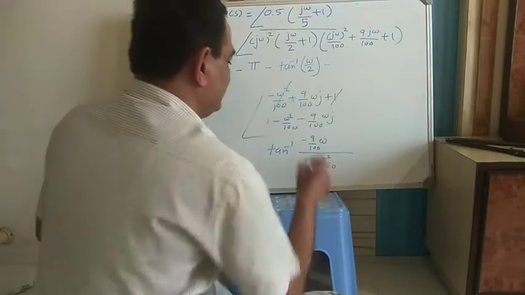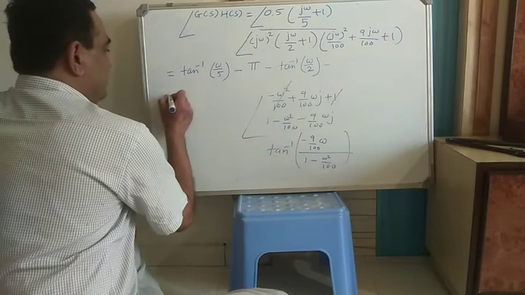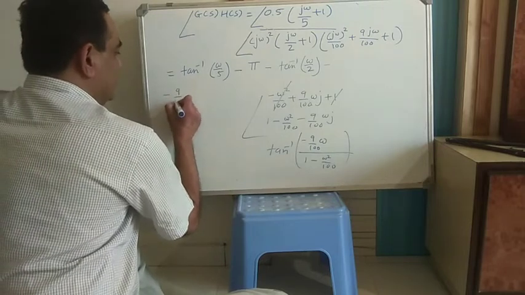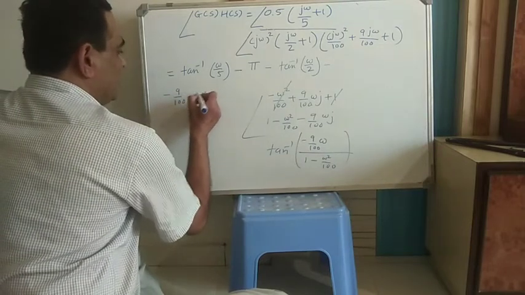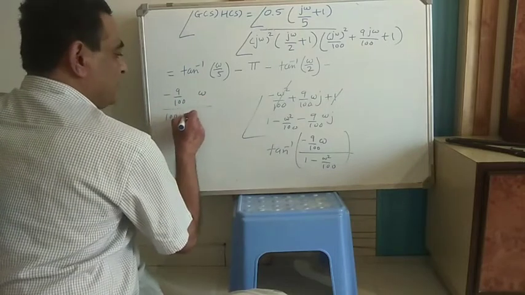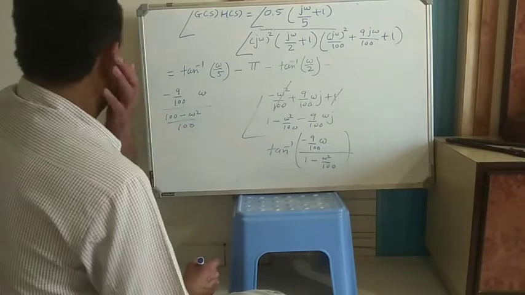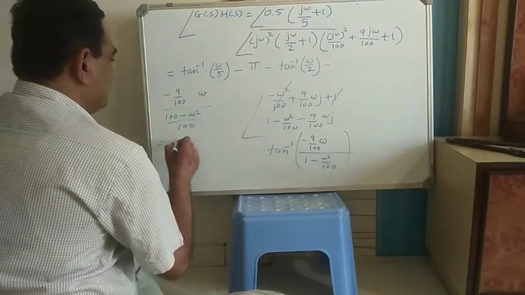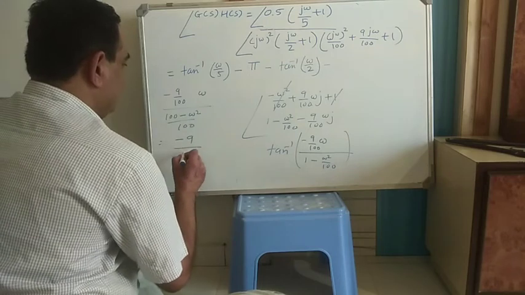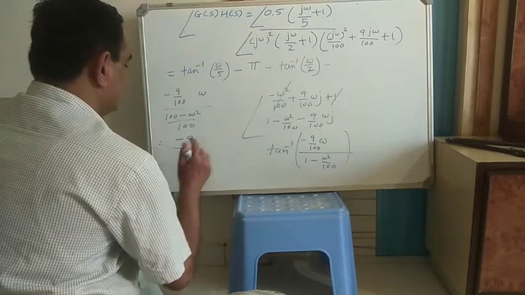Okay. If you simplify this, it is minus 9 by 100 omega divided by 100 minus omega square by 100. So this 100 gets cancelled. Okay.